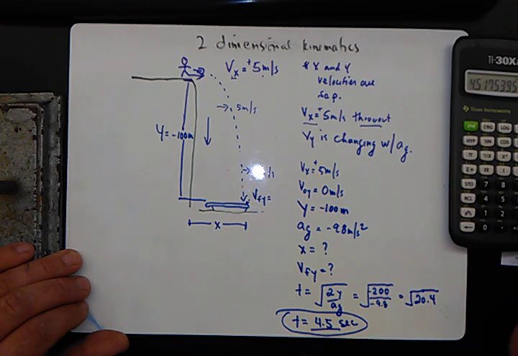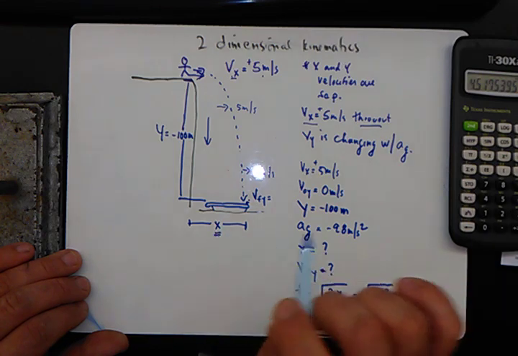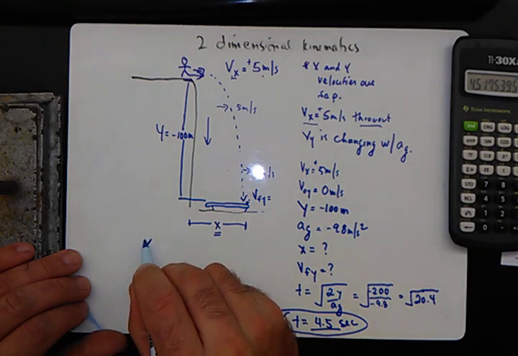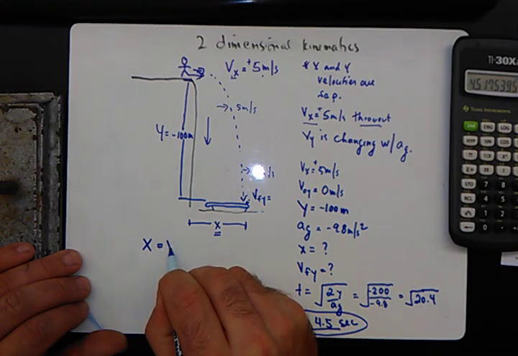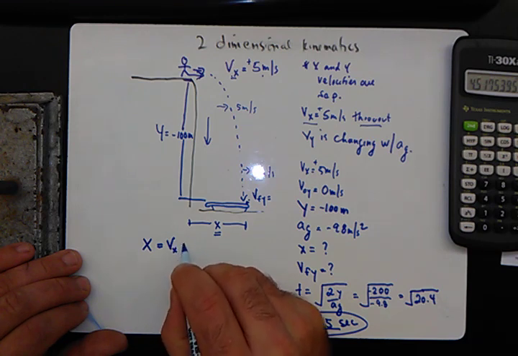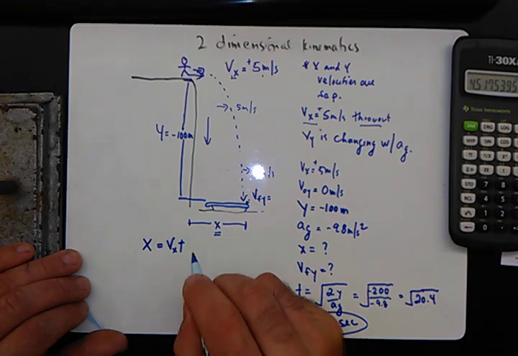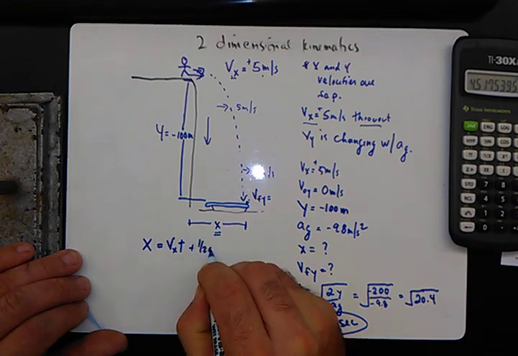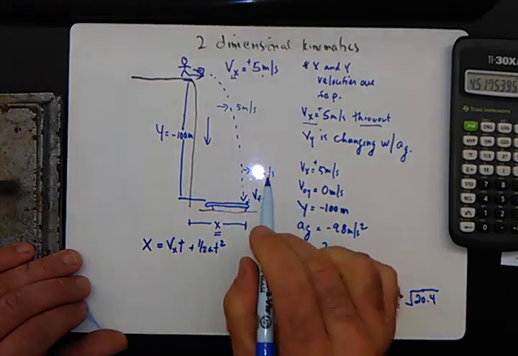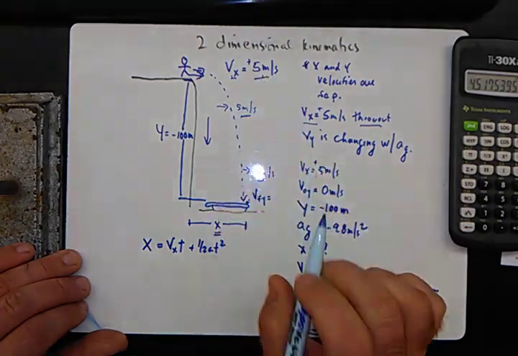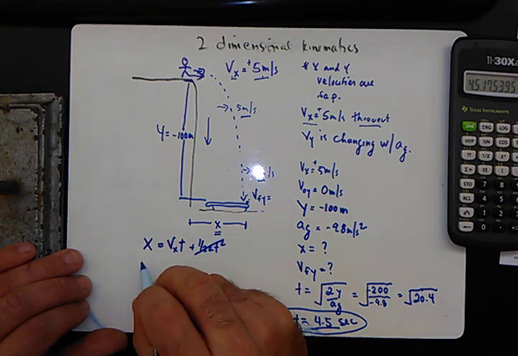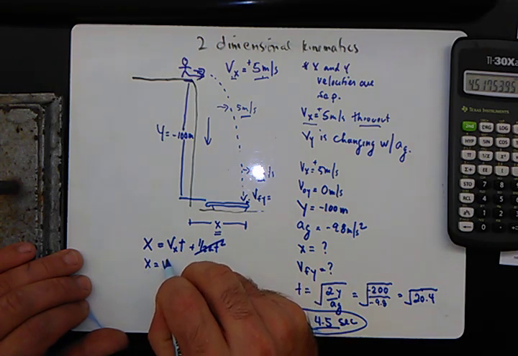So we can actually get the x here, because we know that displacement is velocity in the x direction times time plus half a t squared. Because it's going to the right consistently, there is no acceleration. So now we boil it down to x is vx t.